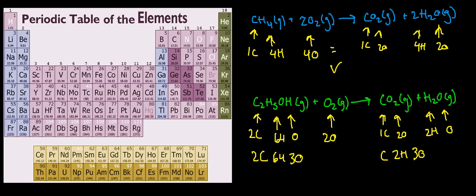So what I have to do is inspect the equation and then try to make it balance out. And usually the best way to approach this is to do it in steps. Find the element first that there is least of, which is carbon. Multiply both sides of the equation so that they are equal, and then go on to the next element.